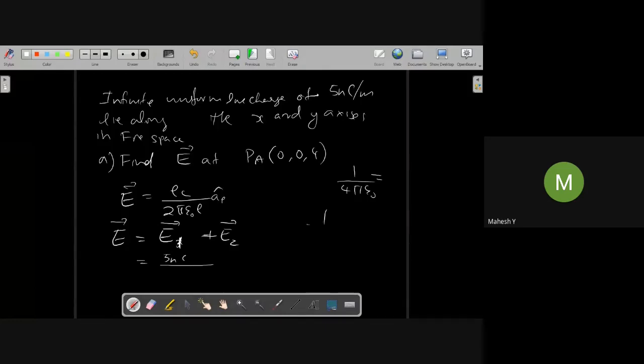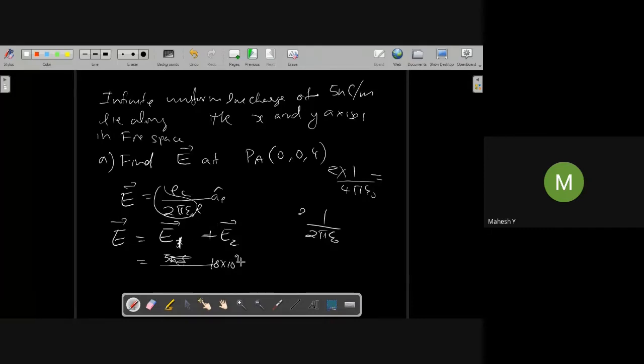Okay, so 1 by 2 pi epsilon 0, how much will it be? 1 by 2 pi epsilon 0 is 2 times 1 by 4 pi epsilon 0, so it will be double, 18 into 10 raised to 9.